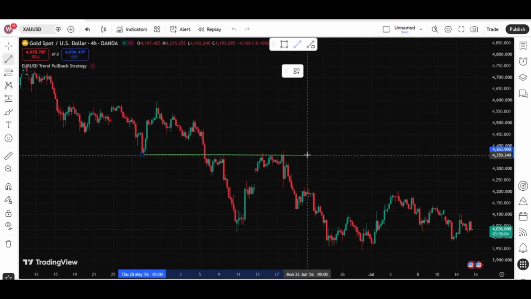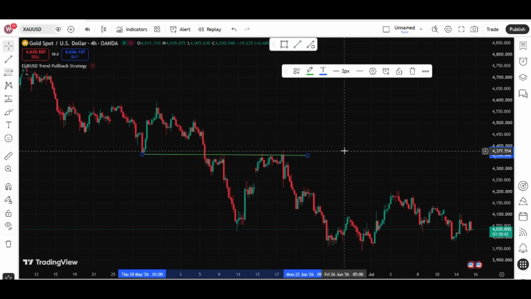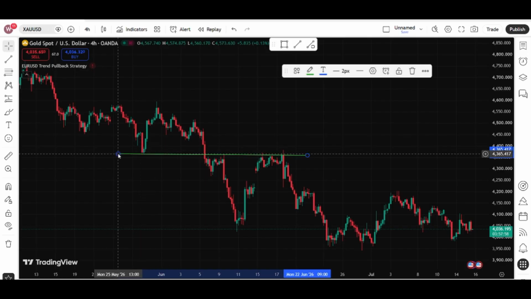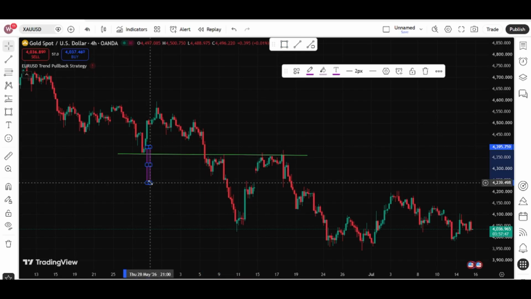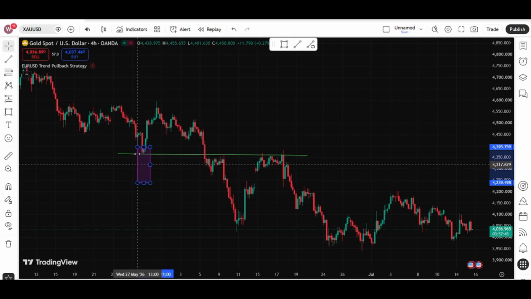Okay, we'll look at this point. So right here, the market was moving right here. We'll focus here.